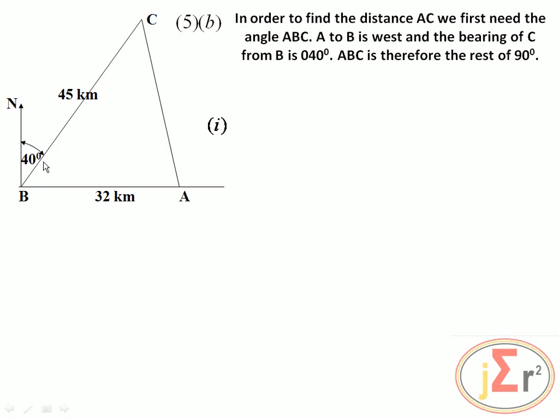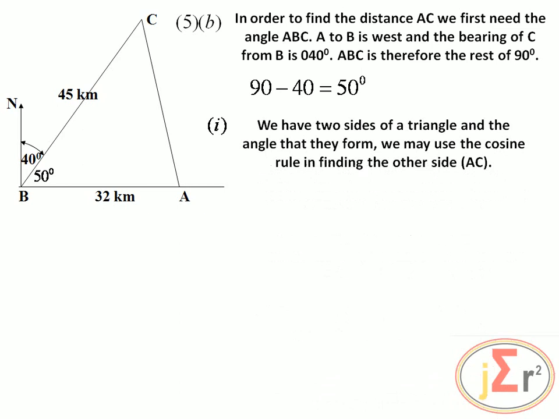This angle, the rest of 90 degrees. So the entire big angle is 90 degrees. This one has to be 50 degrees. So 90 minus 40. 90 minus 40 is equal to 50 degrees. There we have it.